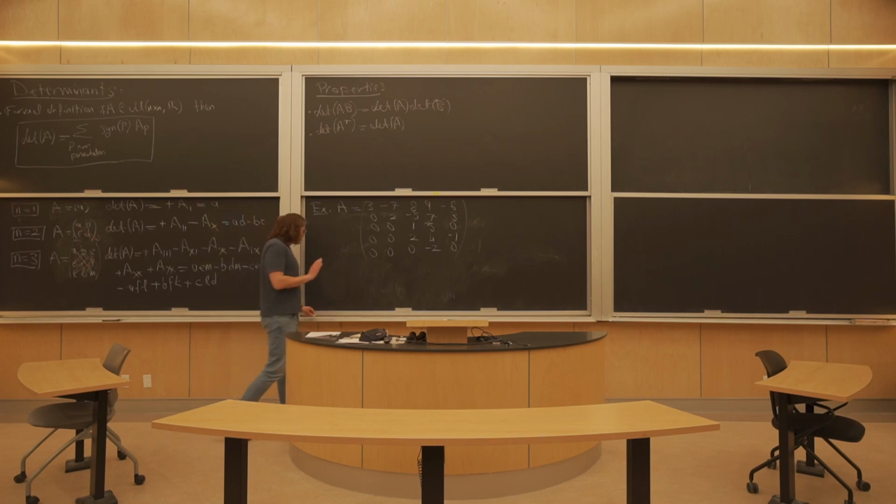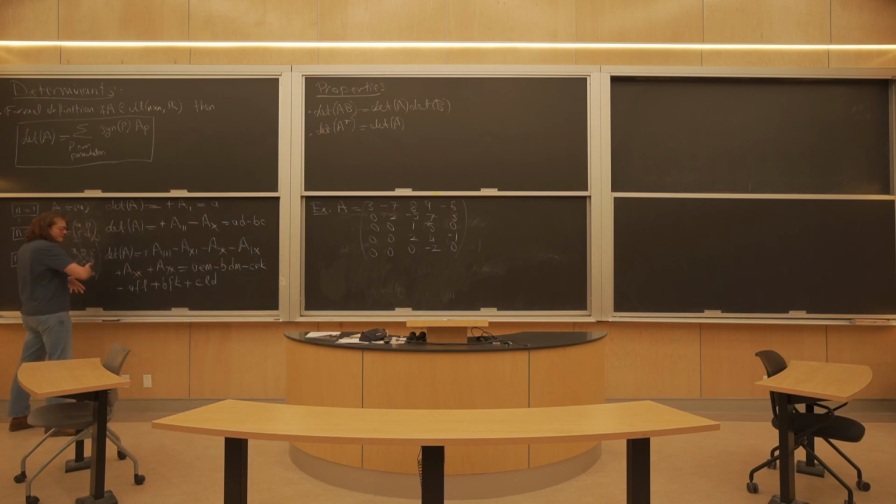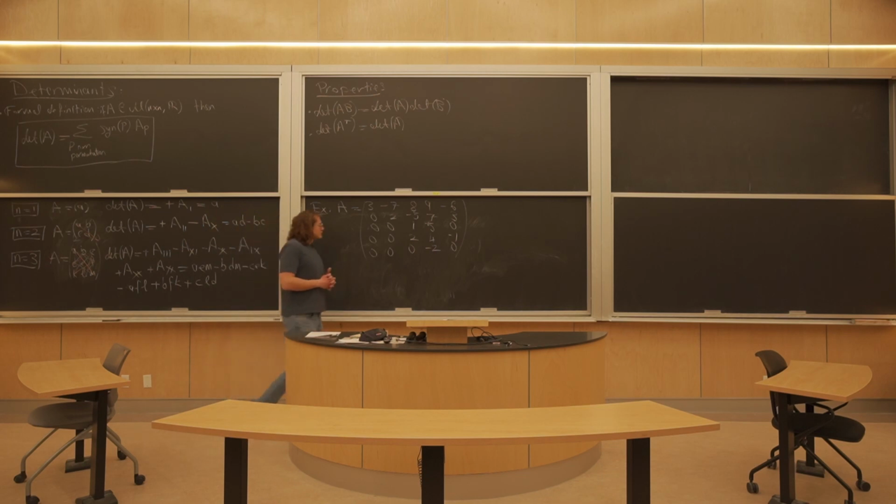Now let's try to use this recursive definition. Of course, if I wanted, I could just write down all the 5 by 5 permutations and list all these terms, but in general there are going to be 120 terms. In this case, we have a bunch of zeros, and when I use this recursive calculation of the determinant, I really want to use these 0 entries.